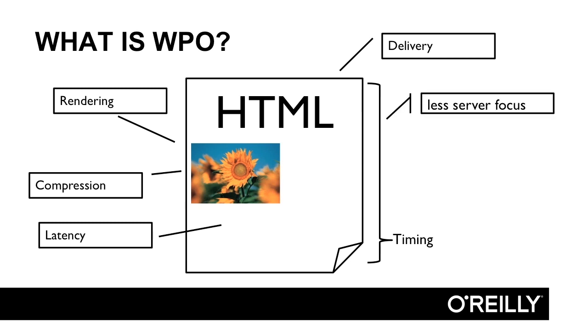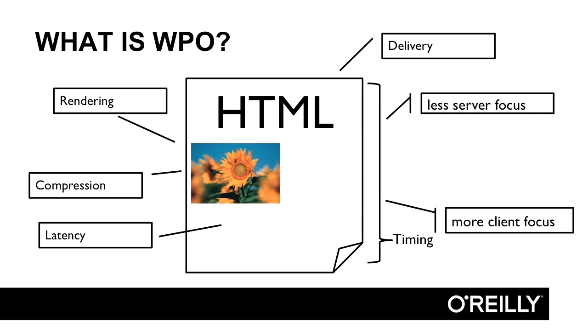Traditionally, WPO has been less focused on server optimizations, though we're going to look at some server optimizations in the course. It's been much more focused on client and client-side optimizations. We're really trying to make the client optimized for each page view and really maximize the depth of user experience because you're not waiting for things to render.